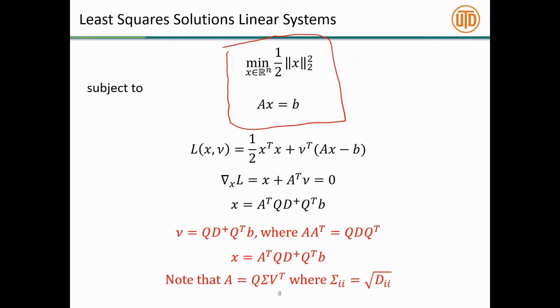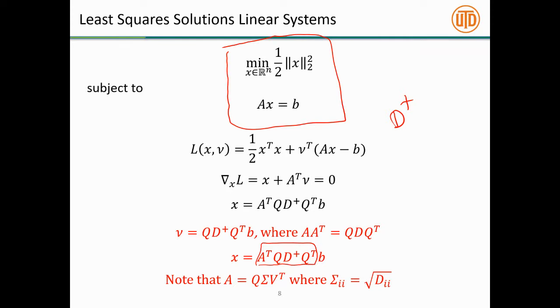The solution is given by setting X equal to A transpose Q D plus Q transpose, where D plus was the diagonal matrix where we inverted just the non-zero entries of the matrix D.